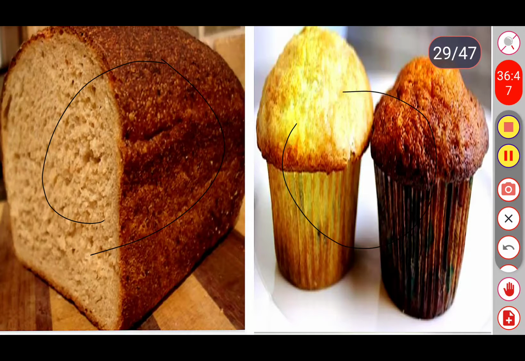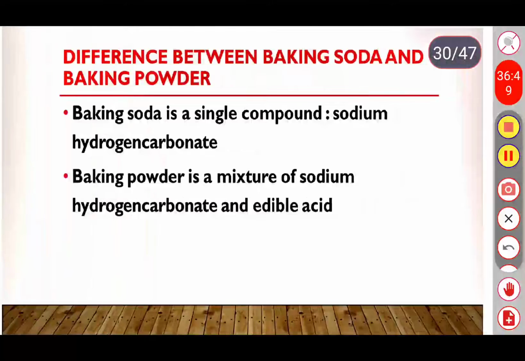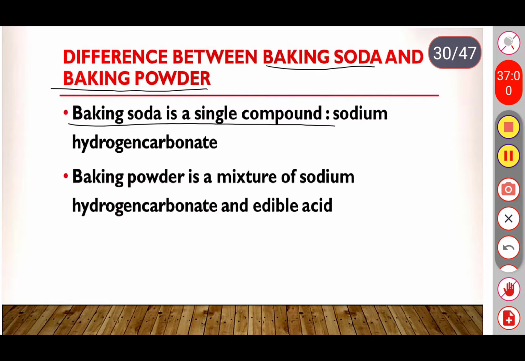Now what is the difference between baking soda and baking powder? Baking soda is a single compound, sodium hydrogen carbonate. But baking powder is a mixture of sodium hydrogen carbonate along with edible acids.